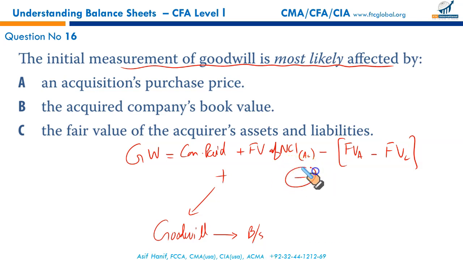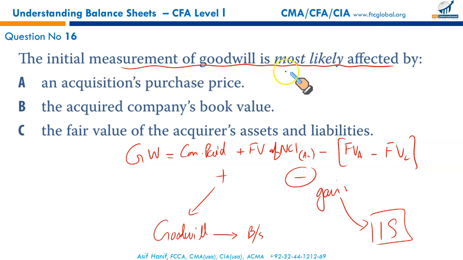If the result is negative, it means you paid less and acquired more of an asset, meaning the fair value of net assets was more than the amount you paid. This represents a gain, and this is reported as a gain on the consolidated income statement. The fine point, maybe you need it somewhere. So remember, this is a formula. If the result is positive, it's an intangible asset to be reported on the group's consolidated balance sheet. If the result is negative, it's a gain to be reported on the consolidated income statement. Fine. That's an added point for goodwill.